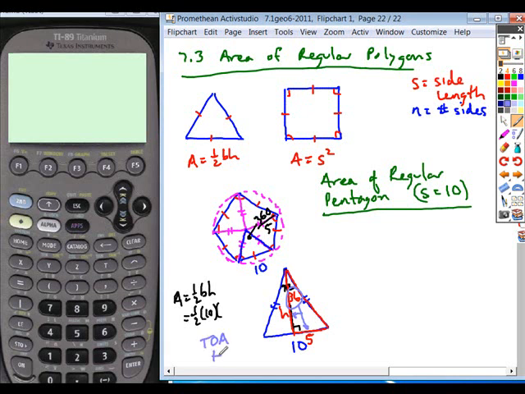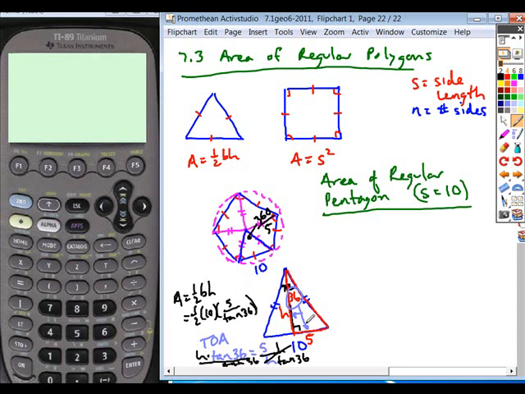And so I can set up a tangent ratio: the tan of 36 is equal to opposite 5 over adjacent h. Multiply both sides by h, and then isolate h by dividing both sides by tan of 36. So my height winds up being 5 divided by tangent of 36. Okay, so that's my area for one triangle.